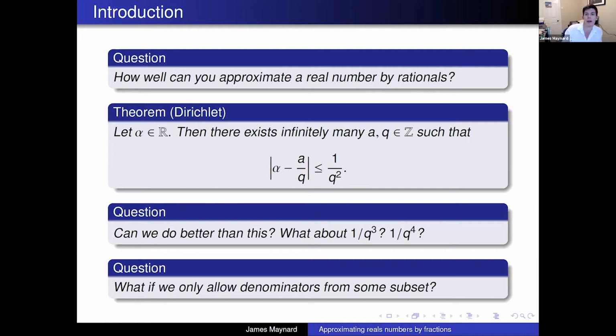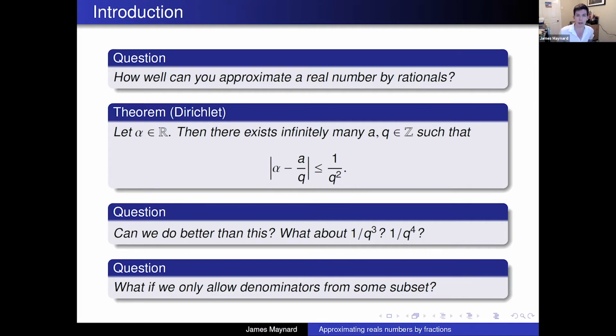If you see Dirichlet's theorem for the first time, there are maybe two very natural questions when you understand that every real number has these efficient rational approximations. The first natural question is, okay, we've improved 1 over q to 1 over q squared. Maybe we could do better than 1 over q squared. Maybe we could find very efficient approximations that got you within 1 over q cubed or 1 over q to the 4.